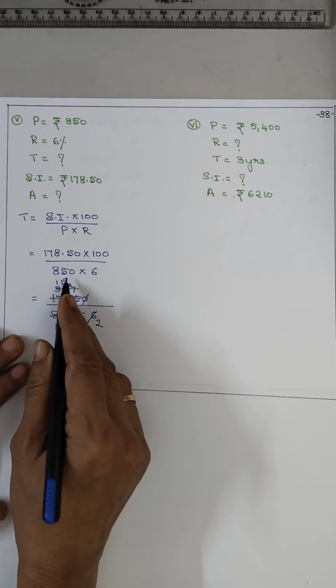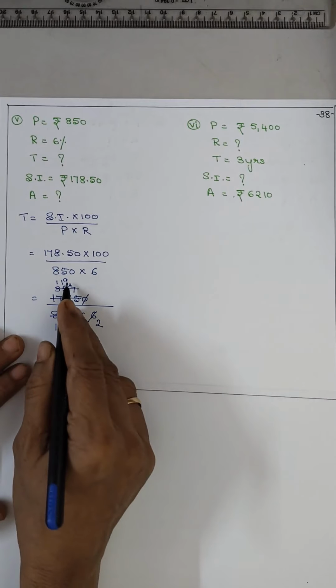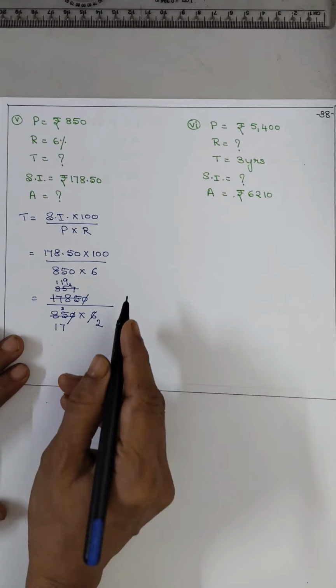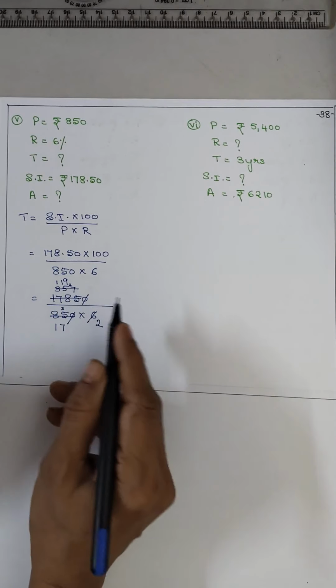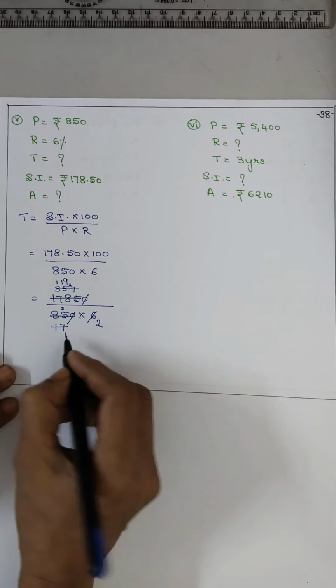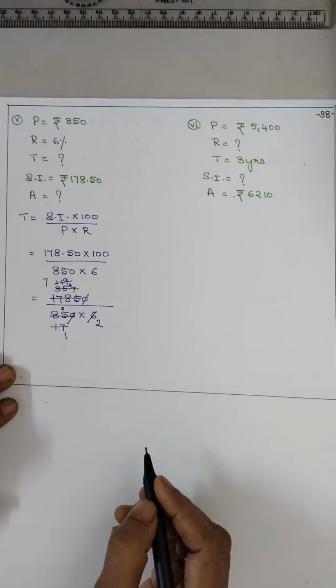Now 17, 7s are 119, is it? Check. Because it is ending with 9. 7 7s are 49. 7 1s are 7. 8, 9, 10, 11. Yes. 17 1s are 17. 7s are 119.